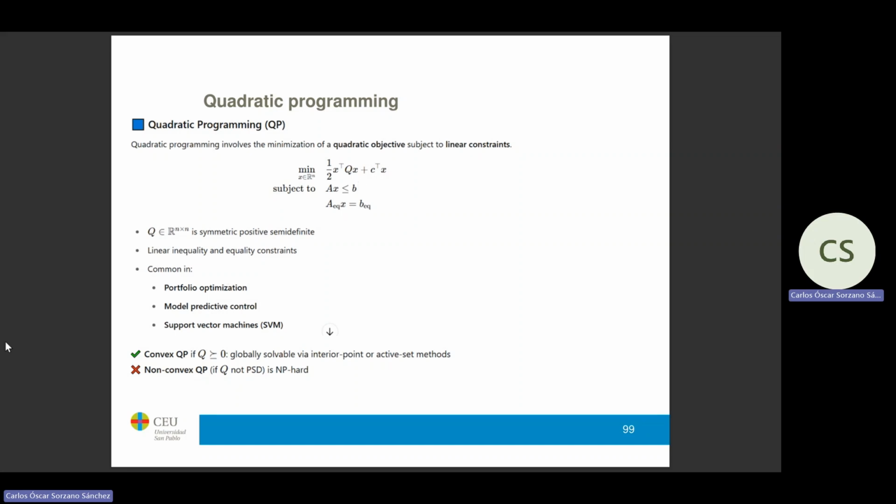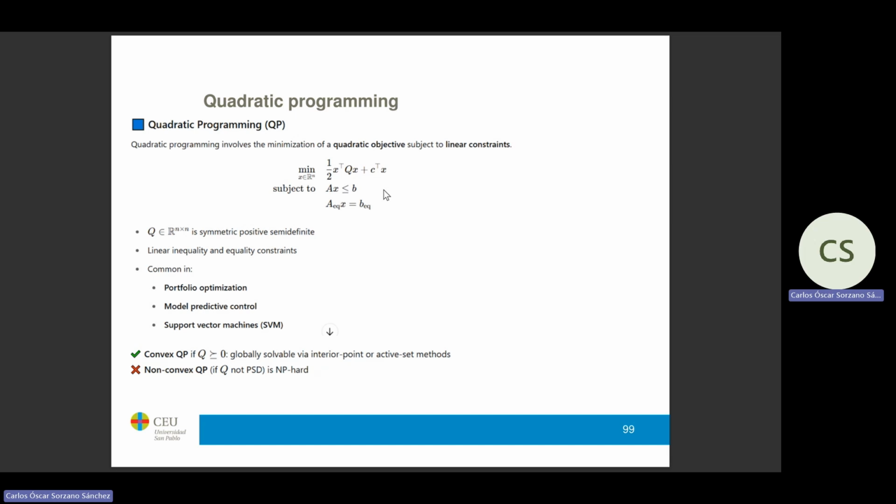And then there come constraints. These kinds of problems appear in portfolio optimization. A portfolio is one in which you have multiple assets, each one with different returns. You want to maximize the return, or here, to have a quadratic problem, you need to minimize the risk. The risk is somehow associated to variance, and variance is a second order term.